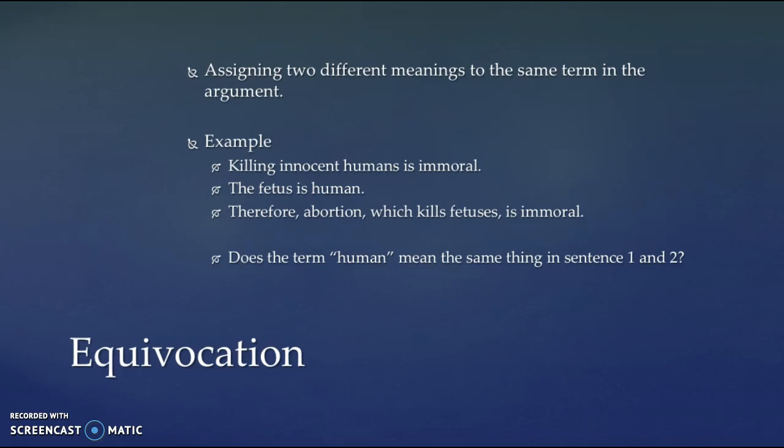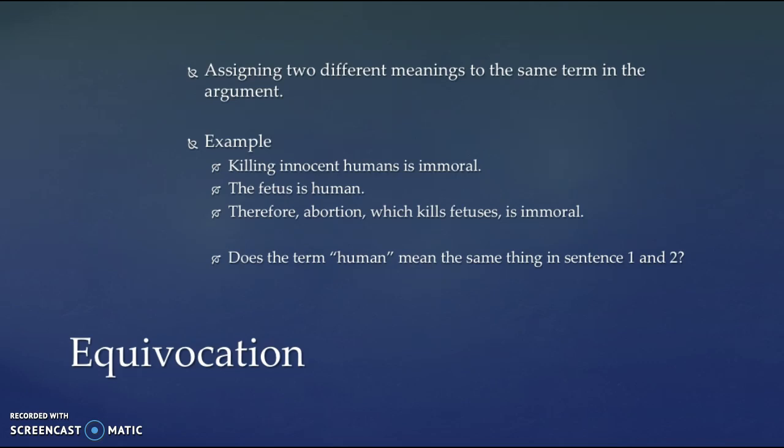Here, the term human seems to have different meanings, or possibly has different meanings. So killing innocent humans, we're talking here about human beings. This is an important reason to keep these terms clear. If we're talking about human beings, we should say human beings. Human itself is an adjective and not a noun, even though we typically use this as a noun.